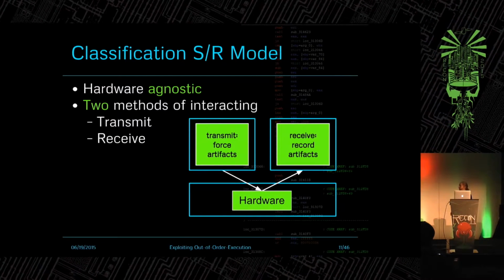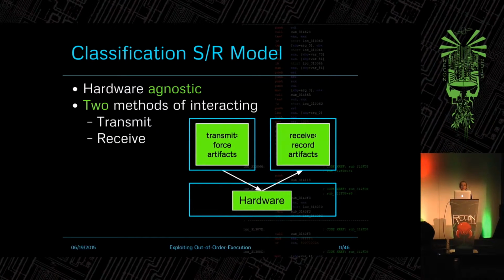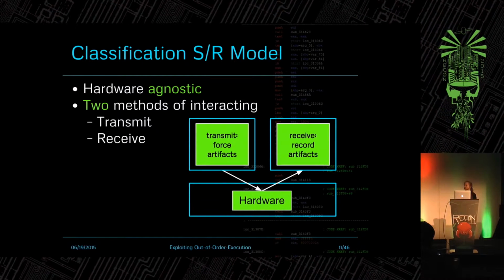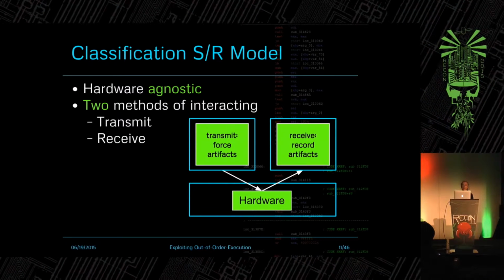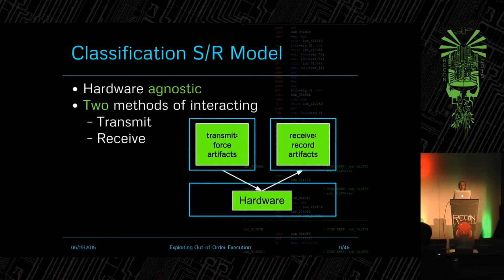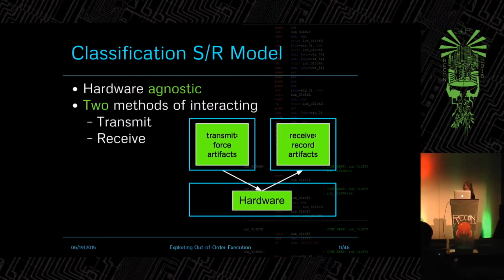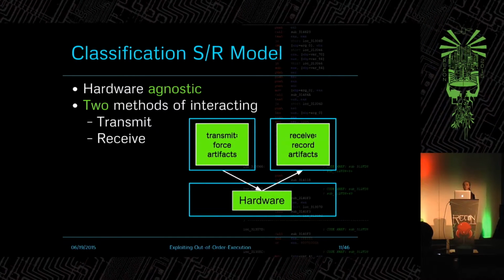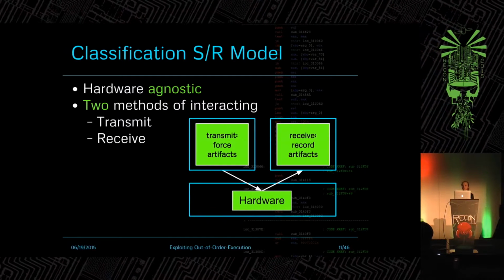So you can kind of structure a basic send and receive model out of this, or a basic side channel. So this is hardware agnostic. You have one transmitter which is forcing artifacts, either knowingly or unknowingly forcing artifacts into the environment. And that shared hardware is then being read by the receiver or the adversary to learn information about that one sender.